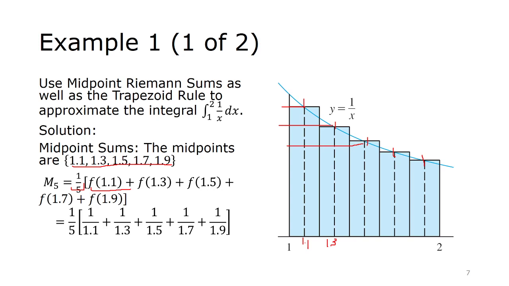And so we're essentially multiplying that delta x of 1/5 times the sum of all those rectangle heights, 1 over 1.1, and so on. Again, we're just plugging those x's into our equation, y equals 1 over x. And when we do that, we calculate an amount that's about 0.692, roughly. We'll compare that to the result that we get using the trapezoid rule.